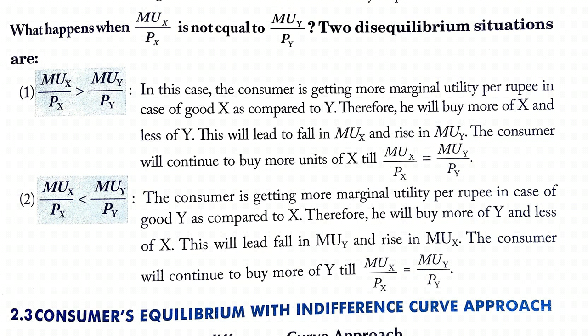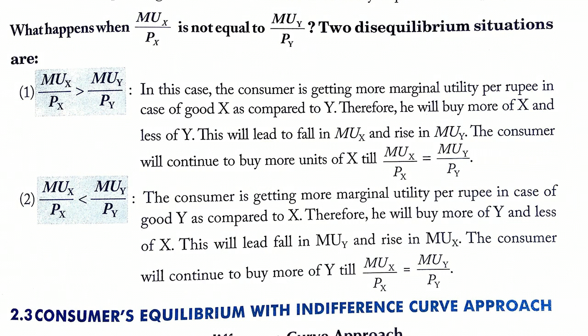So what will happen? The consumer will increase the consumption of commodity X. Now, as the consumer increases the consumption of commodity X, the gradual consumption of more and more units will decrease the utility, and a point will come when MUx by Px will be equal to MUy by Py.